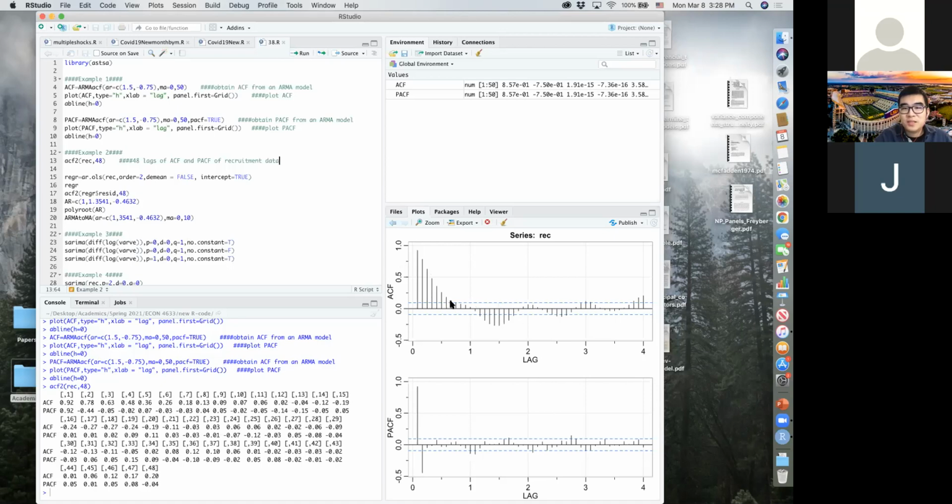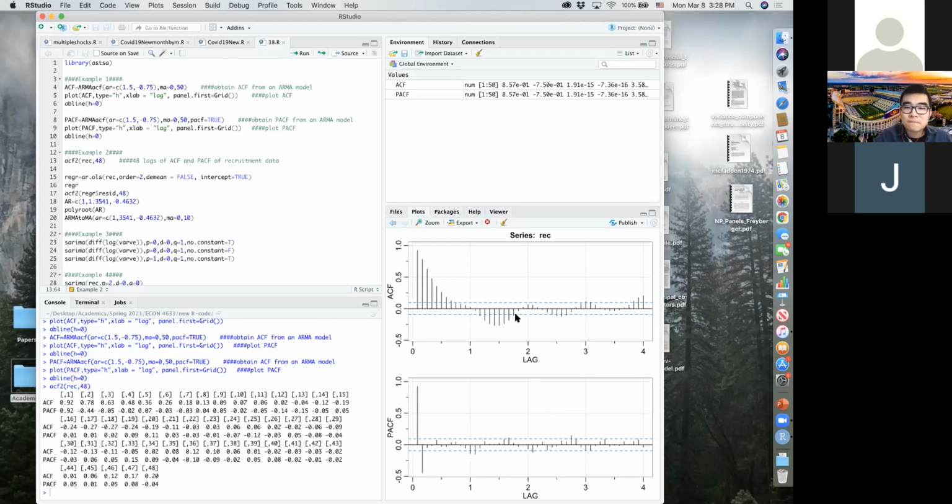That means the cutoff point 8 might not be a good choice, because we find a bunch of ACF lags outside the confidence interval after lag number 8. So for this plot, we might say that it tails off to 0. You can see that it follows a tails-off pattern instead of a cutoff pattern.